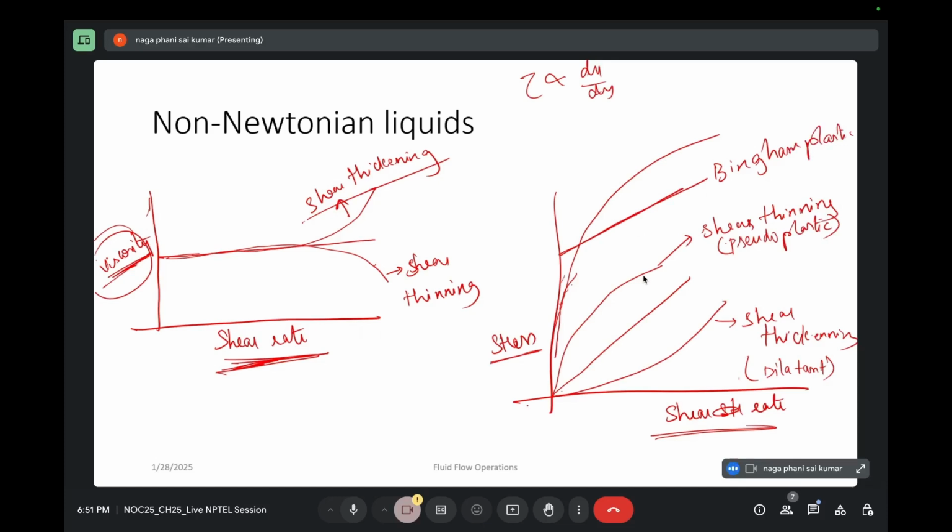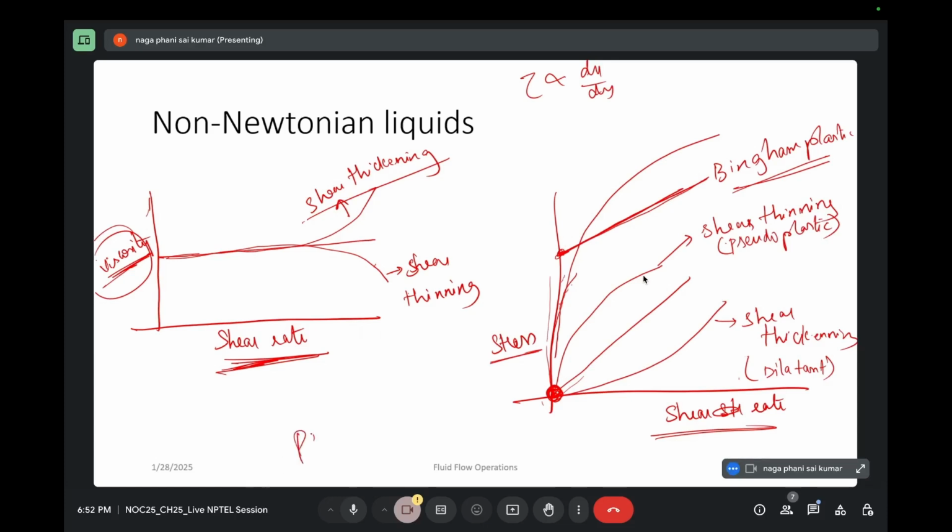So if you observe, all these graphs start from the origin, but this one starts from a particular y-intercept, right? That means only after applying a certain stress will this liquid start flowing. These liquids will start flowing as soon as you apply stress, but this particular liquid, that is Bingham plastic, will start flowing only after application of a certain amount of force. For example, paste.